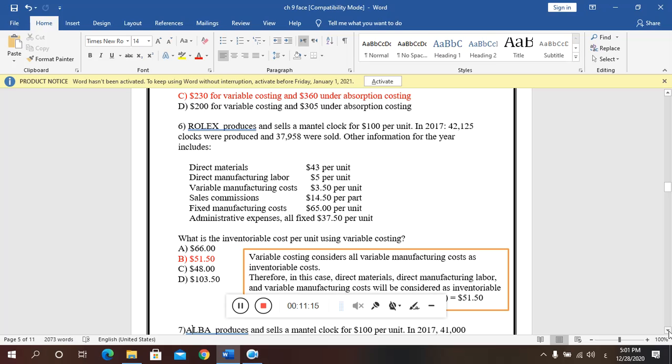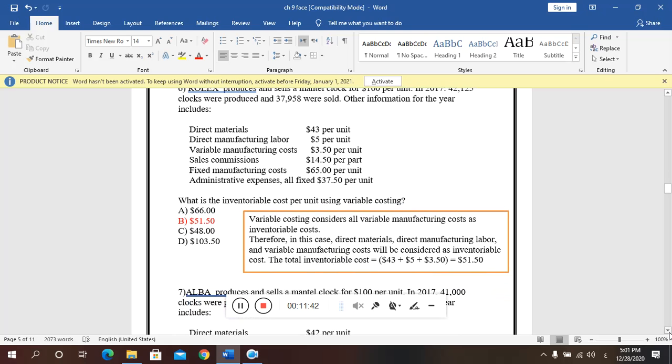Using the variable costing method, as we said before, variable costing considers all variable manufacturing costs as inventoriable, variable only. Therefore, the direct material, direct manufacturing labor, and variable manufacturing costs are considered inventoriable costs. We sum direct material $43 plus direct manufacturing labor $5 plus variable manufacturing cost $3.5.